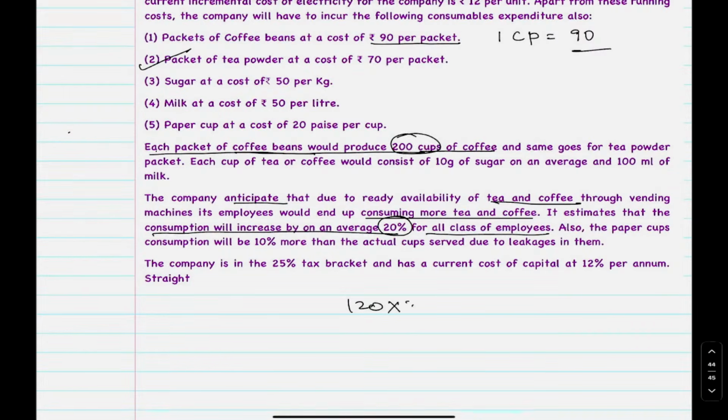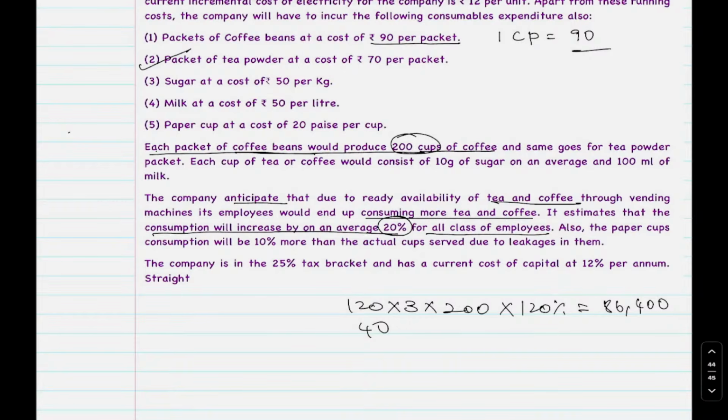How many times? How many days? Increased by what value? 86,400 what? Cups of tea. Next, how many employees? 40. Employees have tea how many times? 1 time. For how many days? This also will be increased by how much percent?